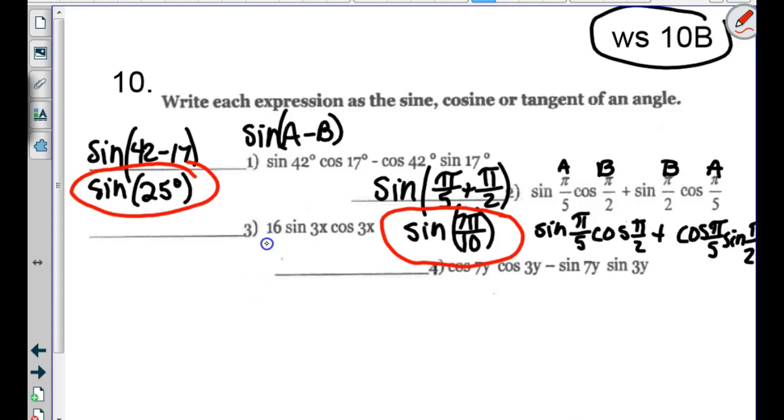I don't think there's one like 3 on the quiz. What if it just said 2 out here? So it said 2 sine 3x cosine 3x. That could be on the quiz. I didn't put a 16 out front to try to trick you. Can you find 2 times sine times cosine?